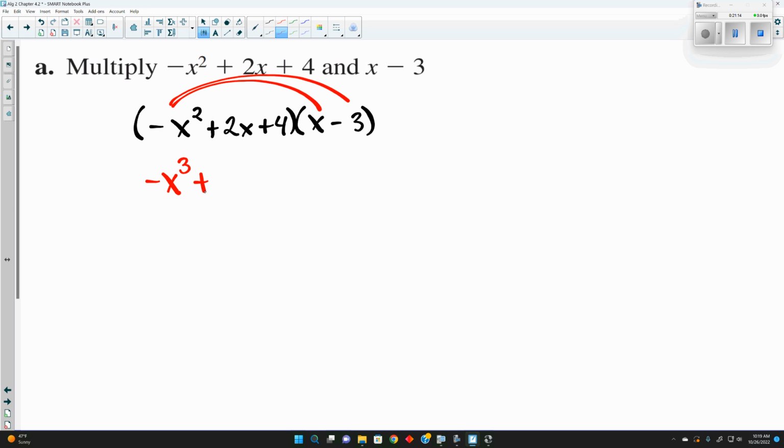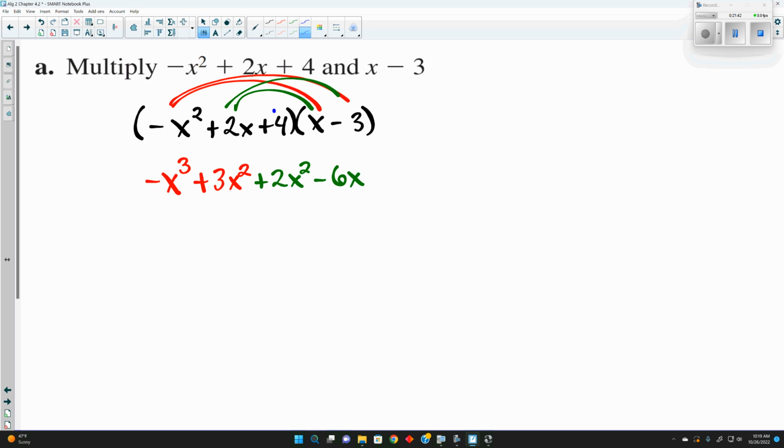Well, the negative and negative make a positive, 3x squared. Then we move on to the next one. 2x times x is going to be plus 2x squared. 2x times negative 3 is going to be negative 6x.